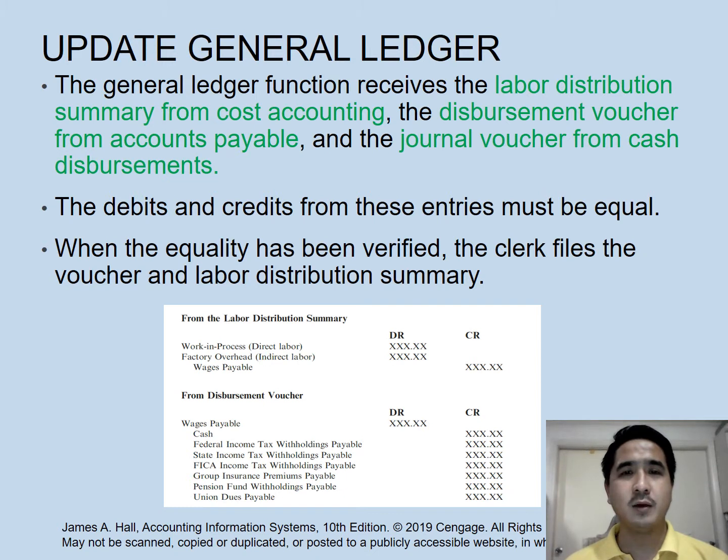Technically, the GL department will receive three documents: the labor distribution summary from the cost accounting, the cash disbursement voucher using a vouchers payable system from the AP, and the journal voucher from the cash disbursement.